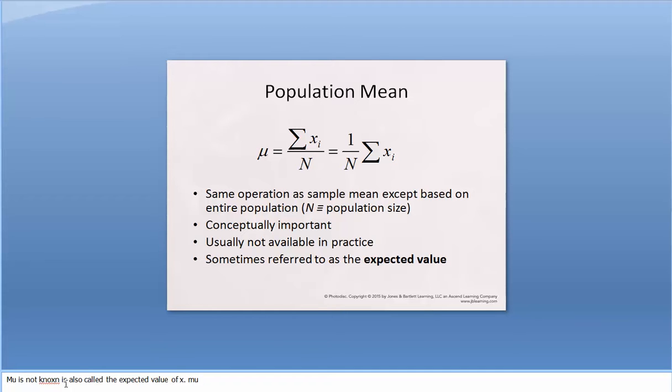Mu is an example of a population quantity, a population parameter. Any population quantity which we do not know is called a population parameter, and mu is an example. We will come across others as well.